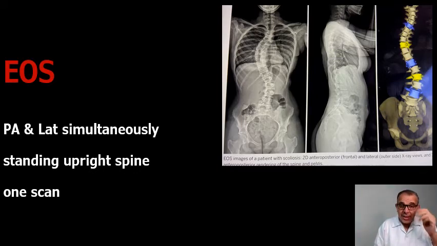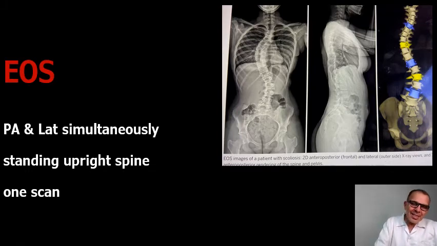And as you see, we get the AP shot simultaneously with the lateral shot, and by software on the machine, it creates a 3D X-ray photo right here, so it gives us the best outcome from one simultaneous shot for the patient in a standing upright spine, which is very important in a scoliosis patient.